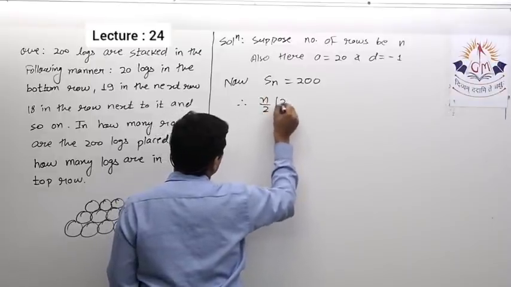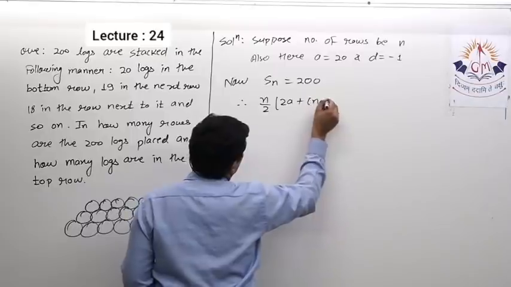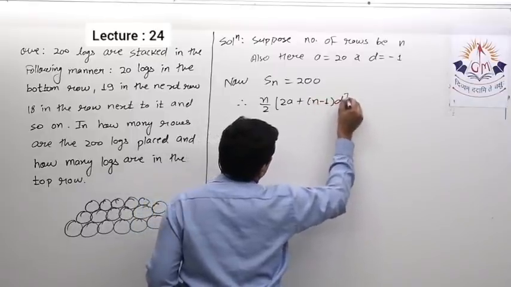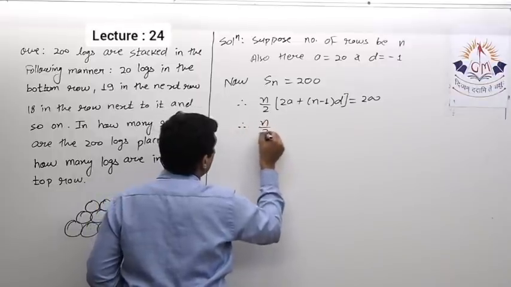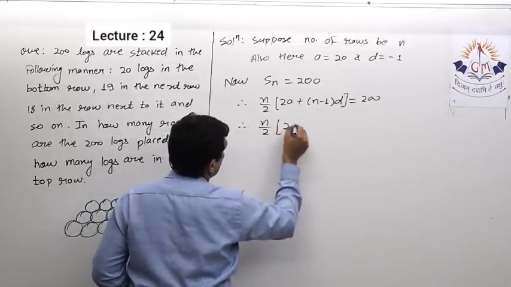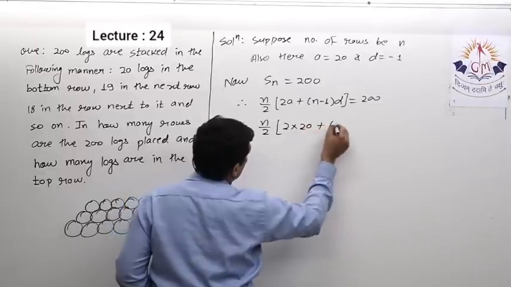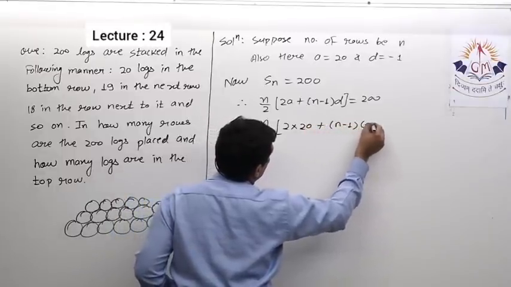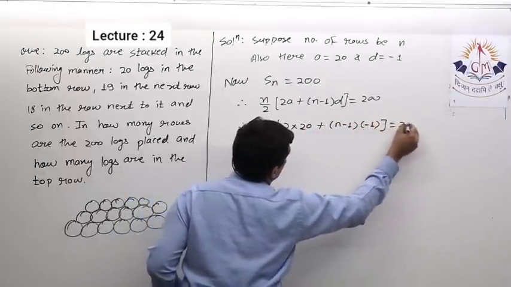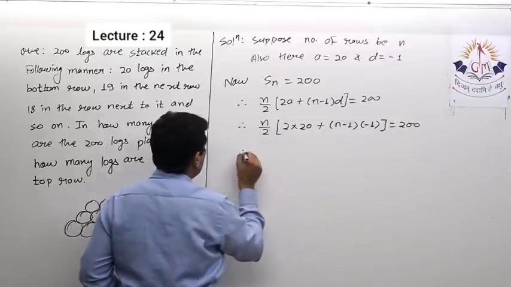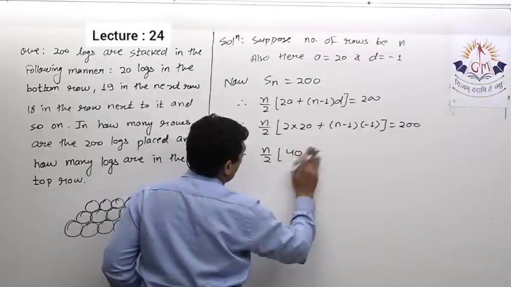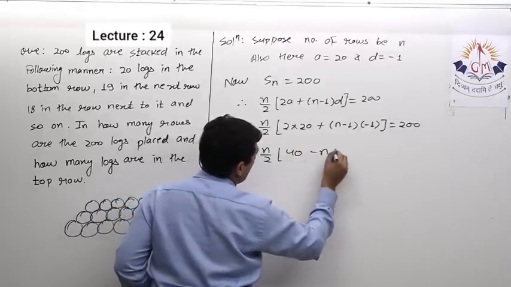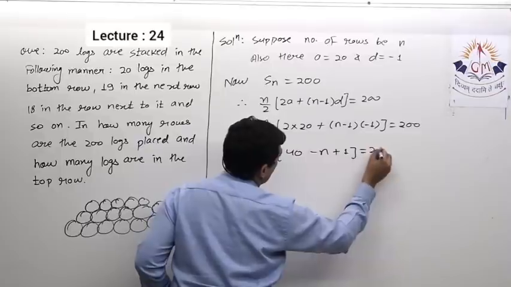n by 2, 2a plus n minus 1 into D is equal to 200. Therefore n by 2, 2 into 20 plus n minus 1 into minus 1 is equal to 200. Therefore n by 2, it is 40 minus n plus 1 is equal to 200.